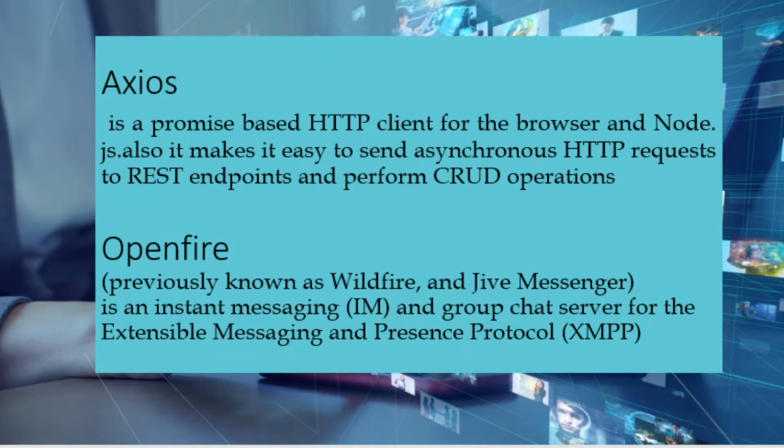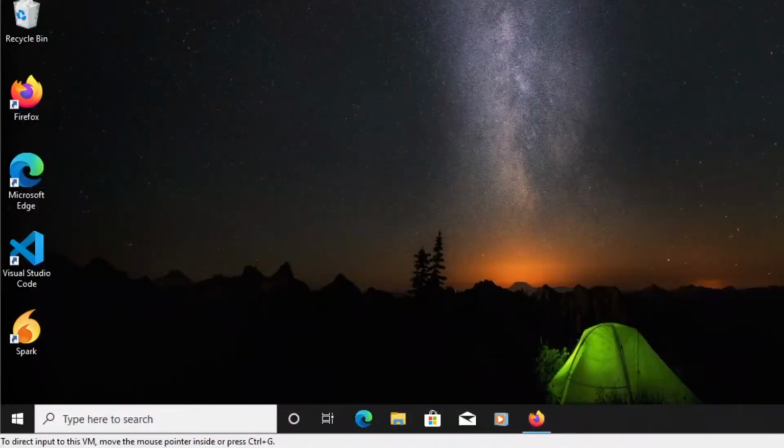Now we know the definition, so without any further ado, let's start our coding. For this demo, we'll be using a Windows 10 operating system. So it doesn't matter if you're using a different type of operating system, all the process here still applies to any platform.